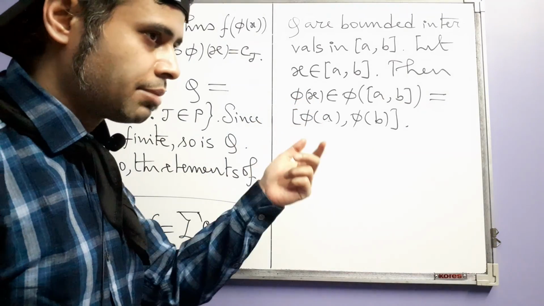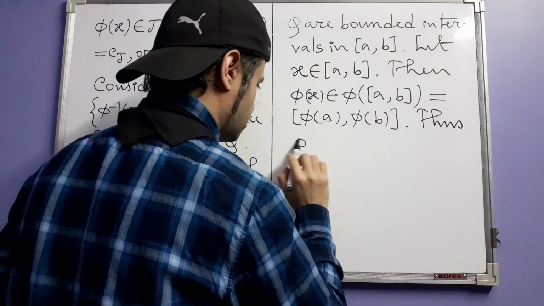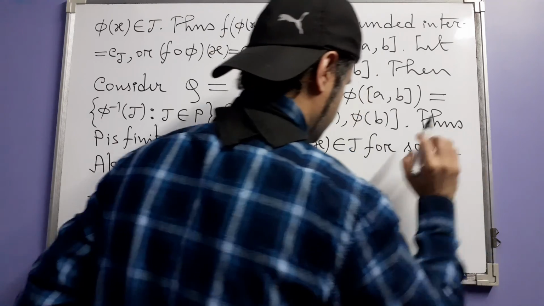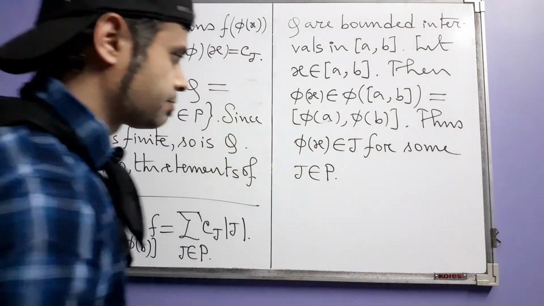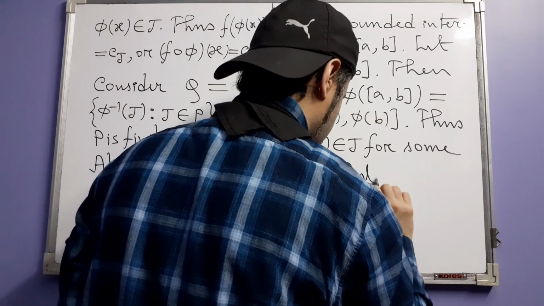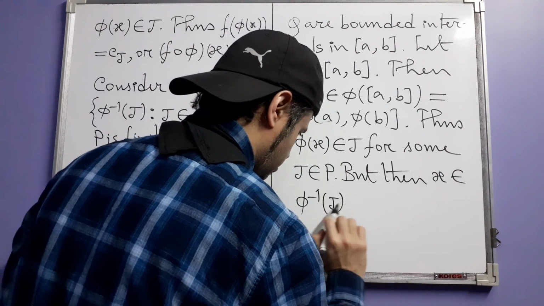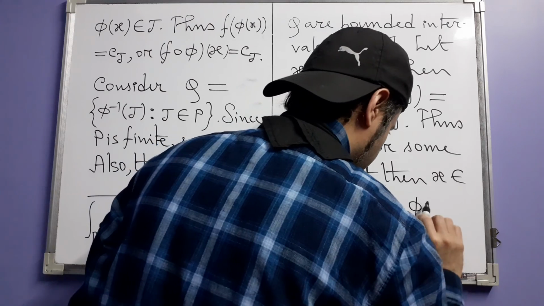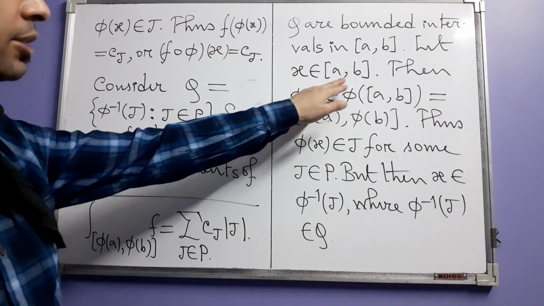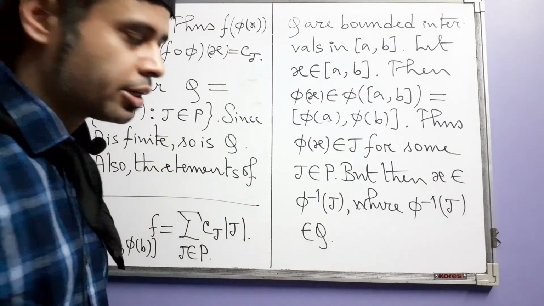So this element will belong to some J in P. But if this is the case, then X will belong to phi inverse of J, where of course phi inverse of J is an element in Q. So yes, any element in this interval belongs to some element of Q. Next comes the question of mutual disjointness.